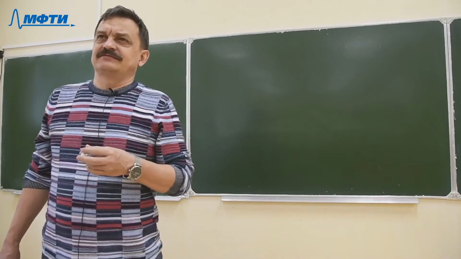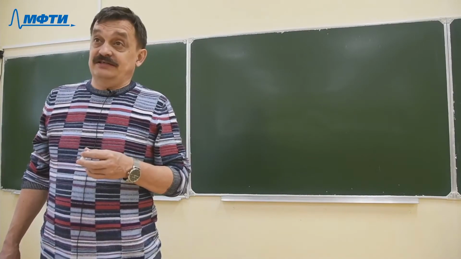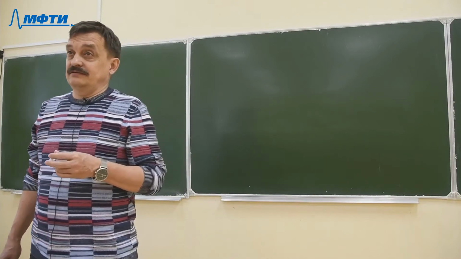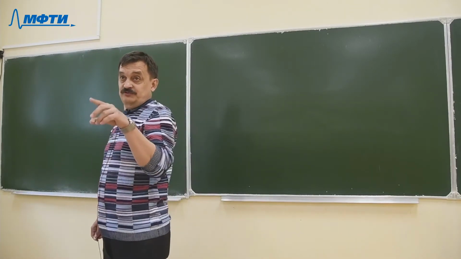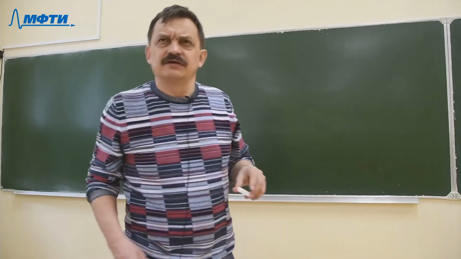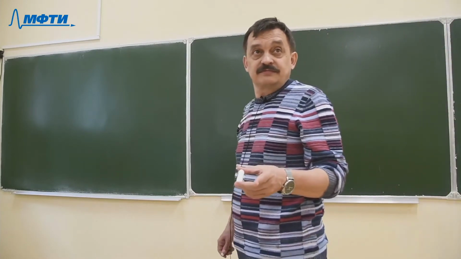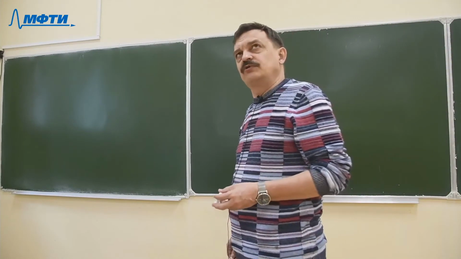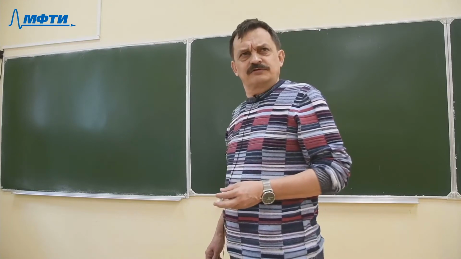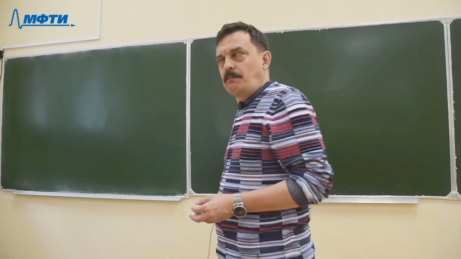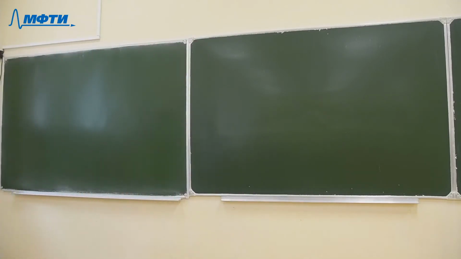Last was 19. 20. 21. Uniform convergence. Sorry? 21 was uniform convergence, right? 20.1. Uniform convergence? Very strange. It should be even. Definitely it should be even. Something wrong.